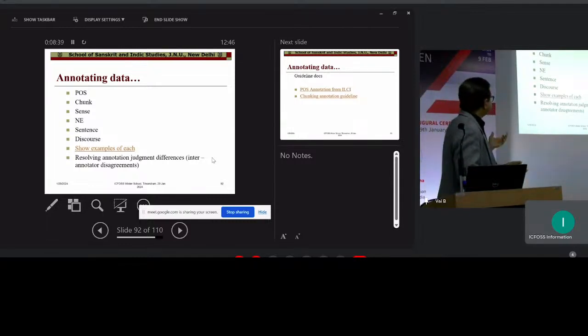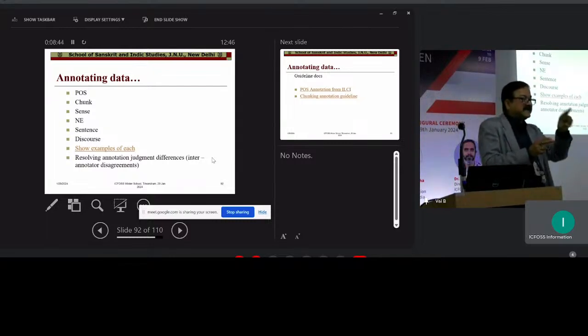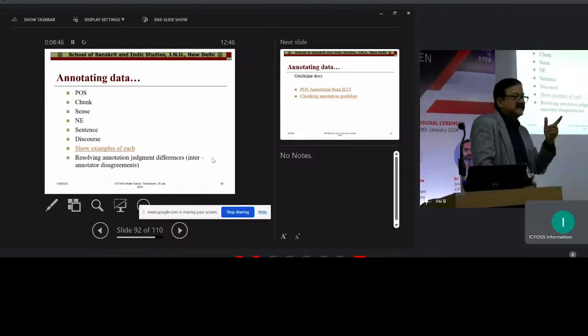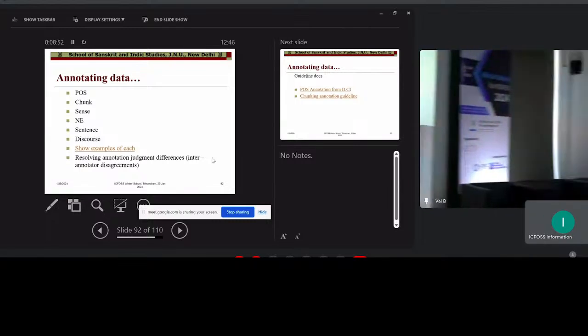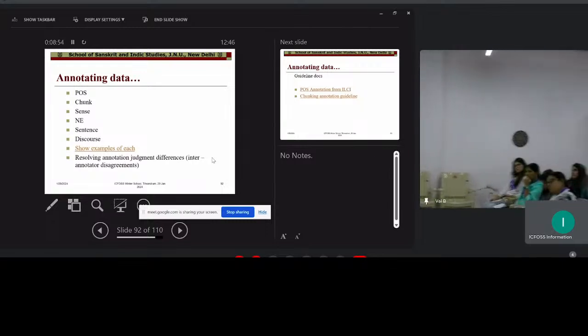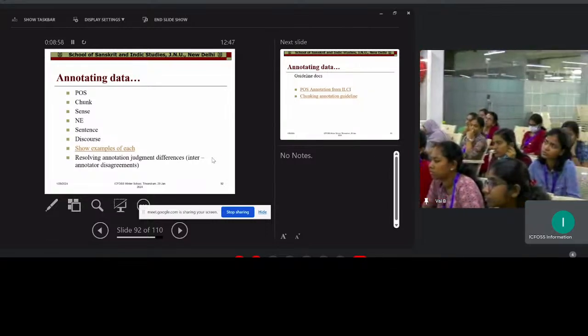More complex. And then if there is a difference of opinion, two people are tagging one word as an adjective, someone is saying it is a noun. Sundar in Hindi can be an adjective, so whether it is a name or an adjective in a particular context can vary.